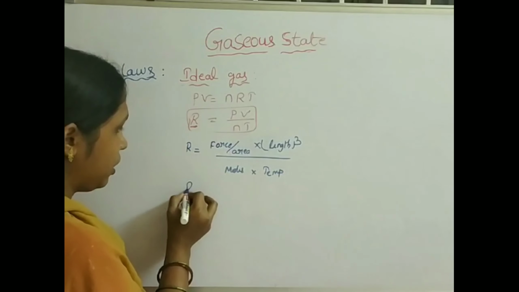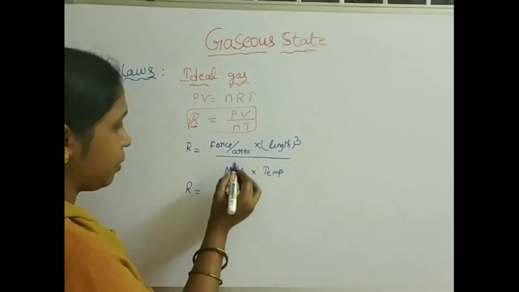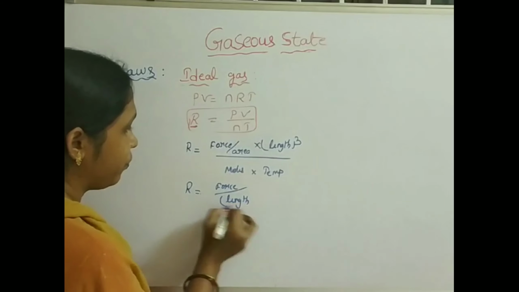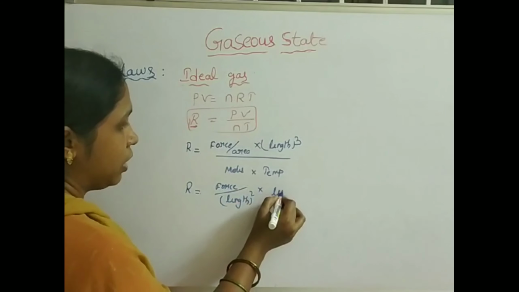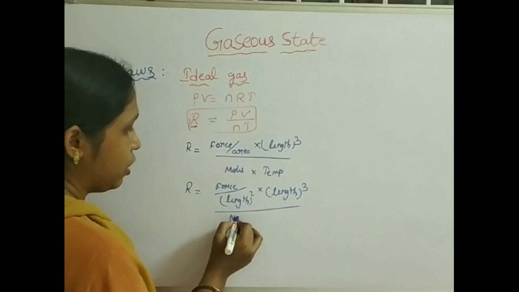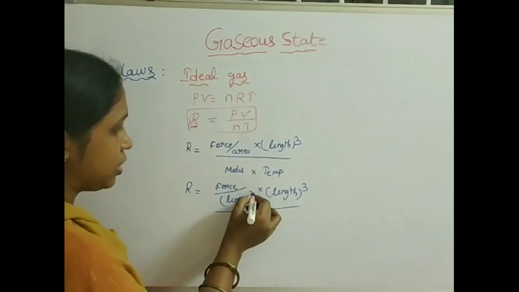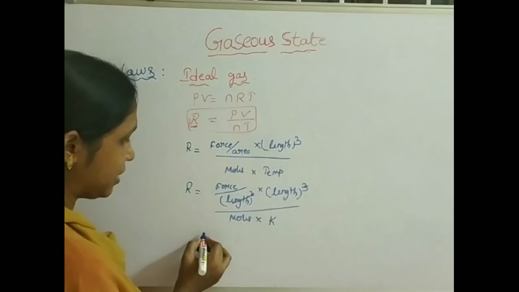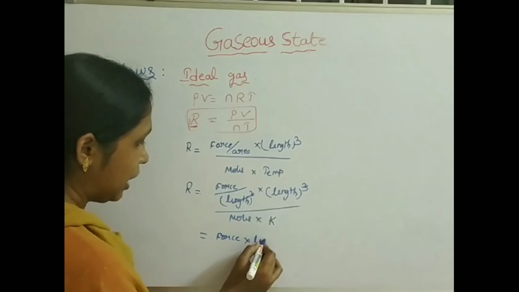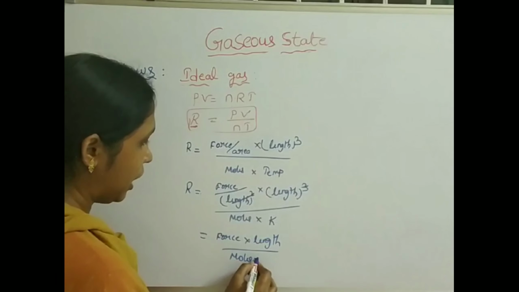Here R is equal to force by area, meaning length into breadth, that is length square, into length cube, divided by moles into Kelvin. Here length square and cube will be cancelled. So force into length by moles into Kelvin.